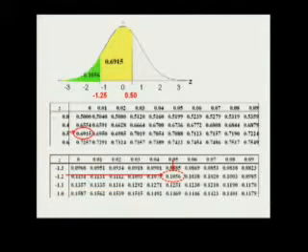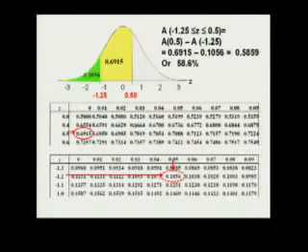If we subtract the small area from the big area, that will give us the area desired. As you can see here, A at 0.5 minus A at minus 1.25 will give us 0.5859, or a percent of 58.6%.